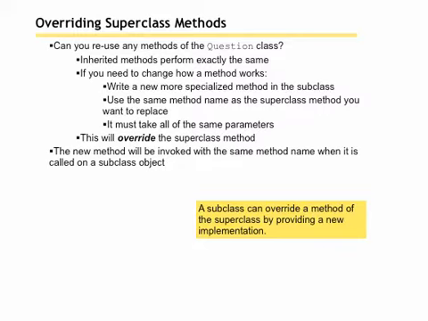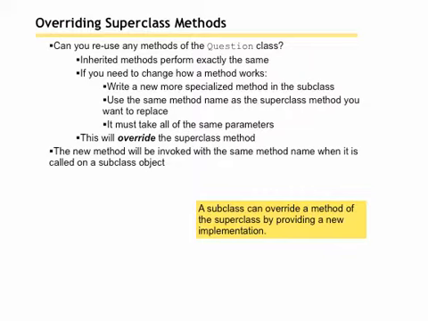We can use the same method name as is in the superclass. And when a subclass object is calling that method, it will look in the subclass first, and if it finds a method with the right method signature, it will execute the one in the subclass and never go to the superclass. It must take all of the same parameters. This will override the superclass method.